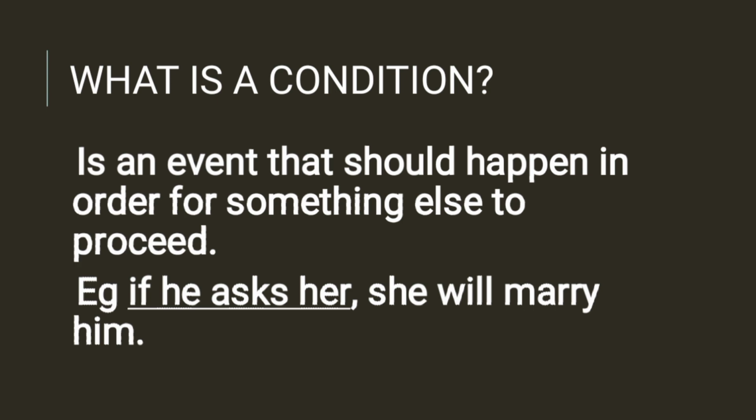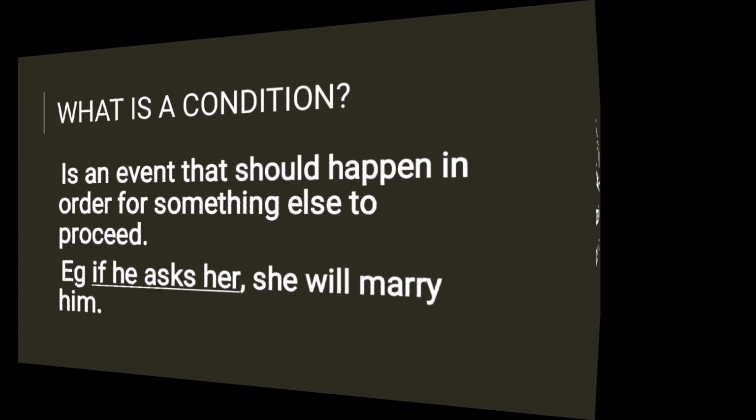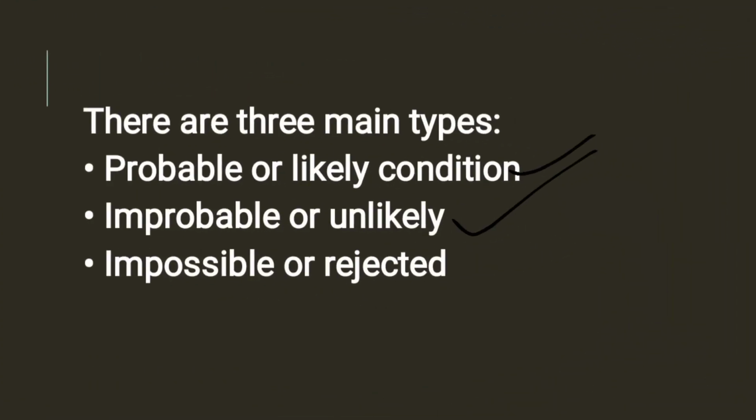I hope you now understand what a condition is. So in English, there are 3 types of condition. The conditional sentences are grouped into 3 types. One, we have probable or likely condition, then improbable or unlikely condition, then we have impossible or rejected condition.